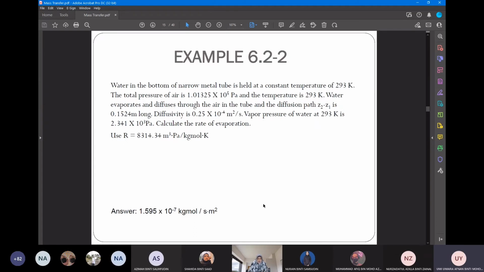You can compare your answer with your friends. Don't tell me you work alone. There are 90 of you. If there are 90 of you in the class, you can compare your answer with 89 of your friends. Make some effort. You must make an effort to learn. So please do 6.2-2.